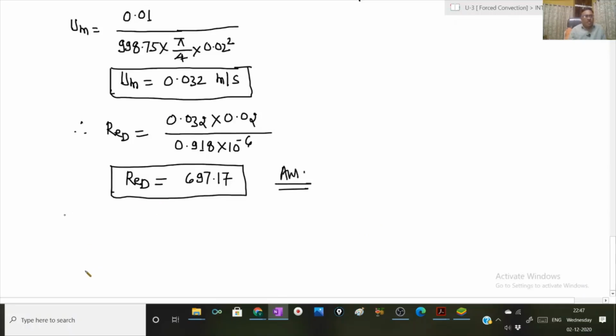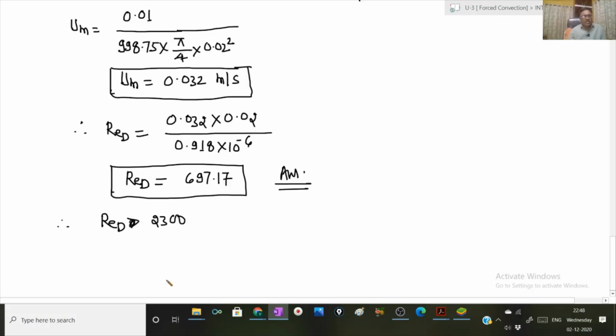Now here, based upon the value of Reynolds number, for internal flow, if the value of Reynolds number is less than 2300, it is laminar flow, and if it is greater than 2300, it becomes turbulent.